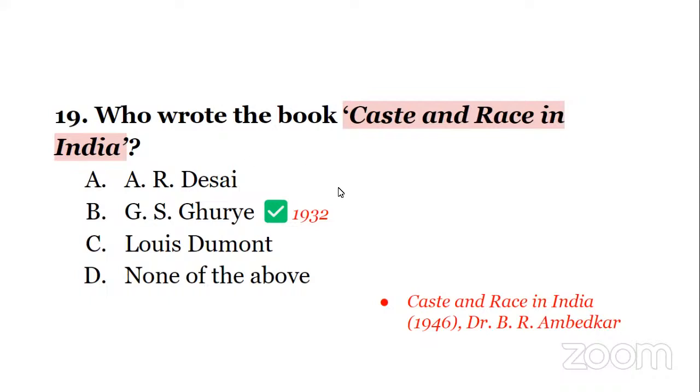Here Ambedkar is not in the options, so we go with Ghurye. But if a question has Ambedkar in the options and Ghurye is not there, then you can answer Ambedkar. So try to remember this.